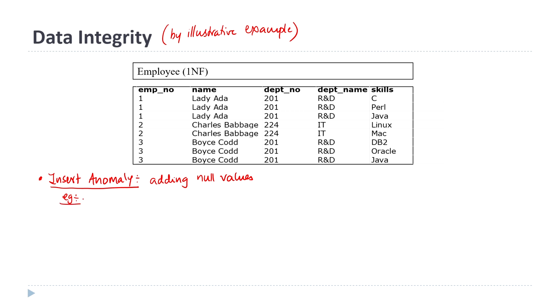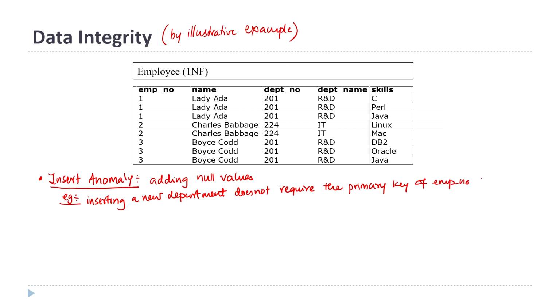Inserting a new department does not require the primary key of employee number to be added. So, one example is this.